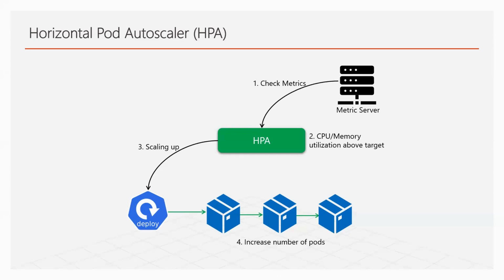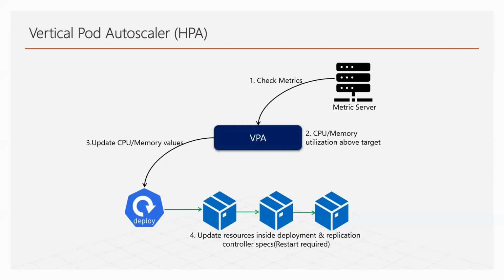But the next one is called the vertical pod autoscaler. What the vertical pod autoscaler does is almost similar: whatever the pod has, it monitors from the metric server and collects the utilization. And if there is a spike in either memory or CPU, it's going to update your memory or CPU if the respective node has enough memory, right?